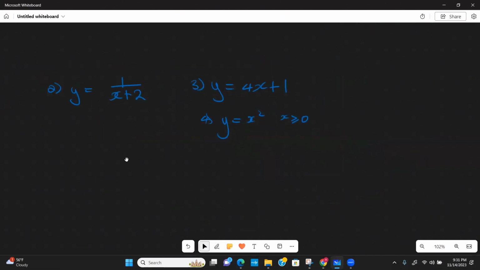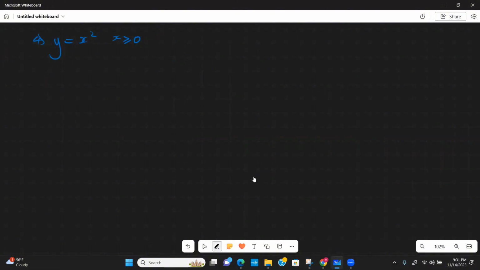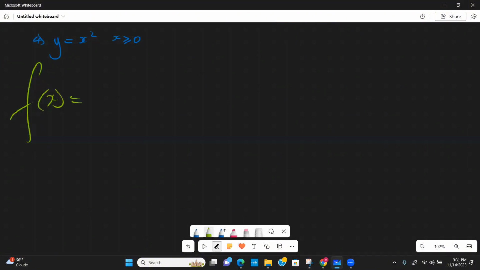All right, so for this last one here, what I'm looking at is the fact that f of x is equal to x squared. But there's a condition here. The condition says that x is greater than or equal to 0.